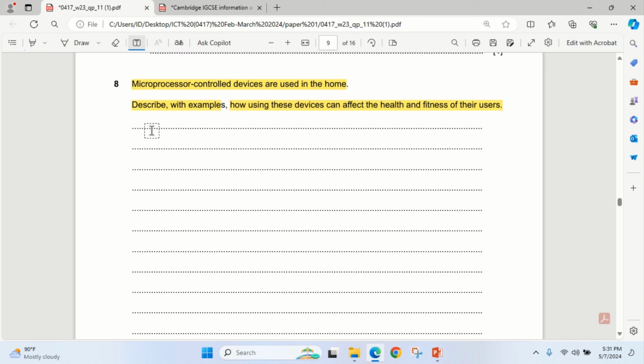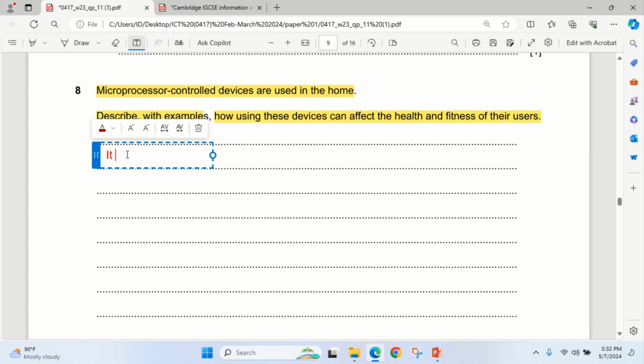by saying the cause and the effect, meaning that it is a cause and effect question. You describe it, you give an example of how using these devices can affect the health and fitness of their users. So you start by saying that it reduces the amount of time it takes to complete a task.